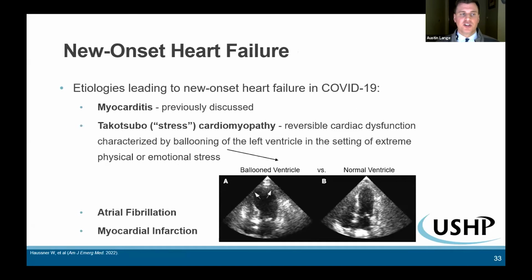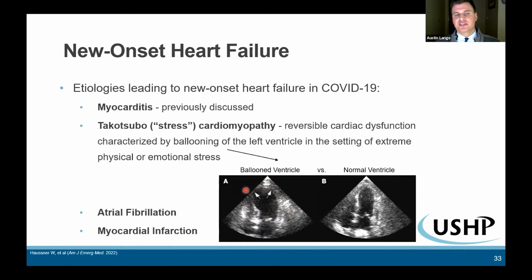And for new heart failure, there are several different etiologies leading to new onset heart failure. We talked about myocarditis a little bit, but we also have Takotsubo or stress cardiomyopathy, which is a reversible cardiac dysfunction characterized by this ballooning of the ventricle, and typically it's in the setting of extreme physical or emotional stress.